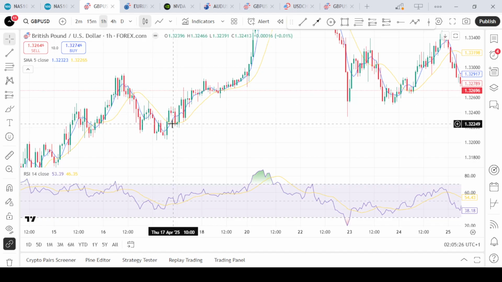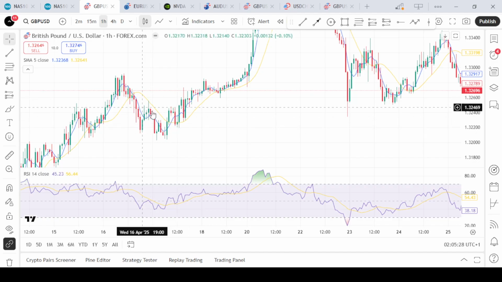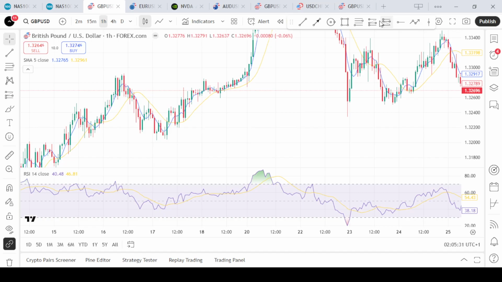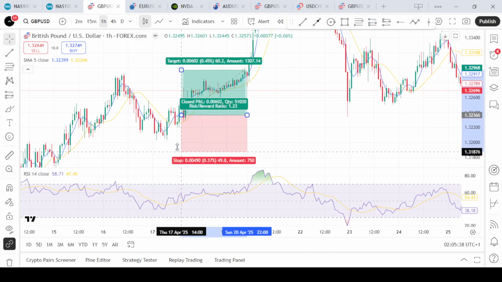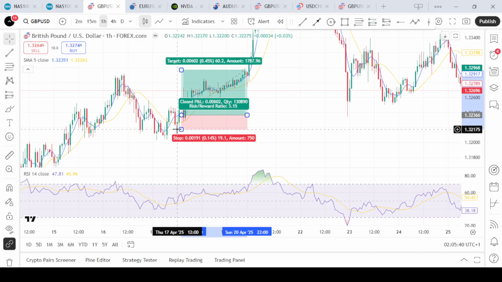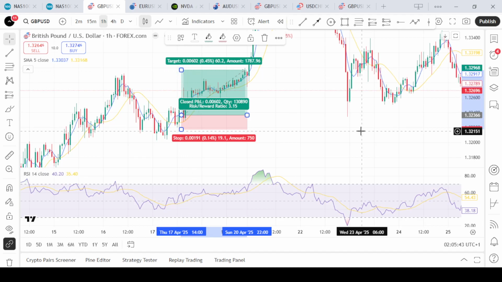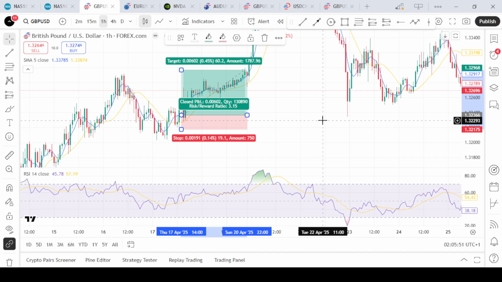So in this case, after our crossover and price is trading above our simple moving average, you can enter the trade the moment price comes back to retest your simple moving average to further confirm your bias before you enter your trade and set your stop loss and your take profit. You can use these levels to adjust your trading strategies and identify potential entry or exit points on the market.